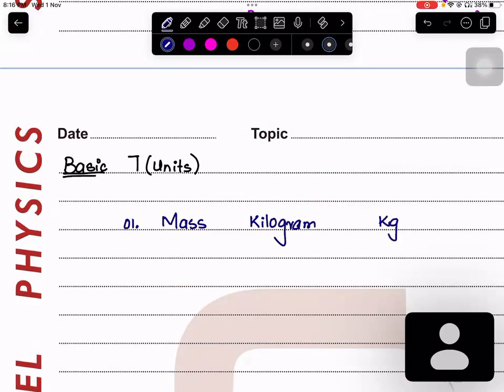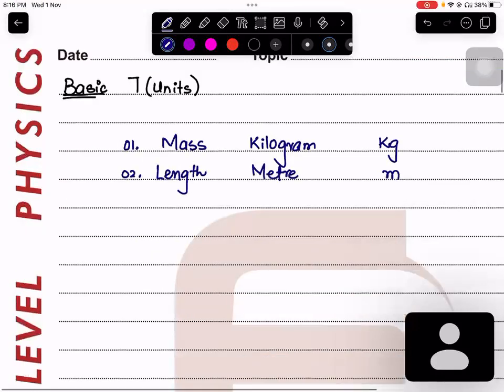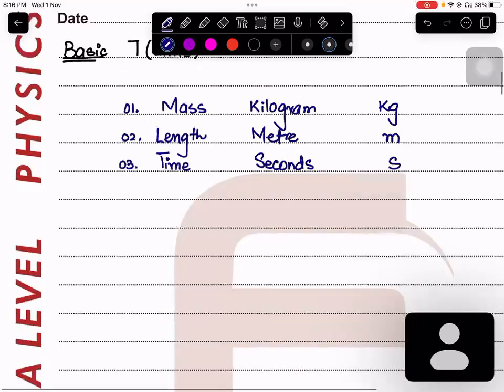Is this clear? Yes. The second quantity is length, meter, small m. Number three, time, seconds, small s.